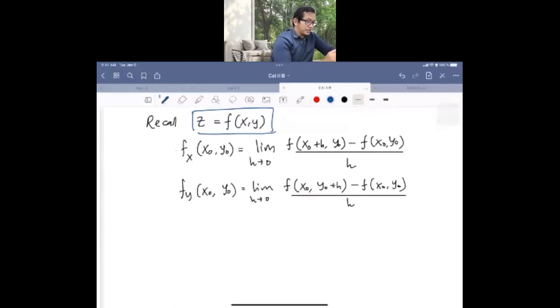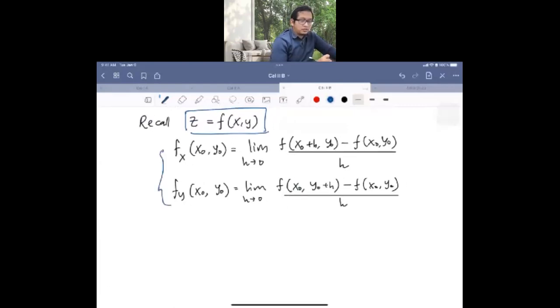So we can say that partial x and partial y represent the rate of change of z in the x and y directions.